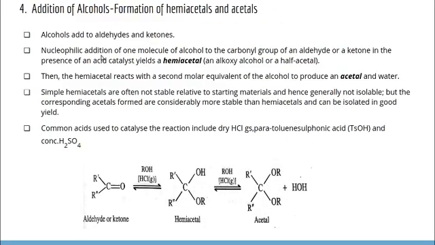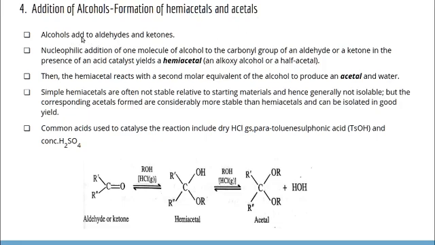Now let us look at the addition of the fourth compound, that is alcohol: addition of alcohols, formation of hemiacetals and acetals. That means on addition of alcohol to an aldehyde or ketone, first we will get hemiacetals, then we will get acetals.